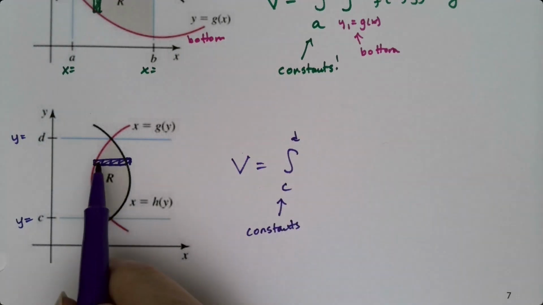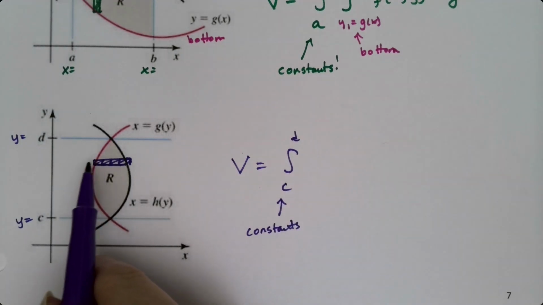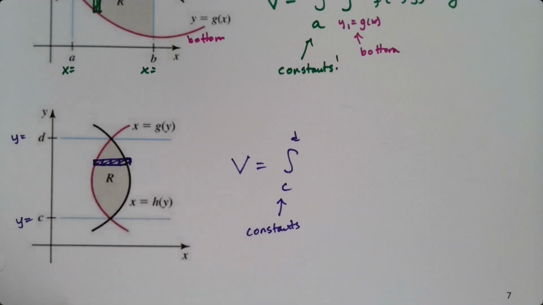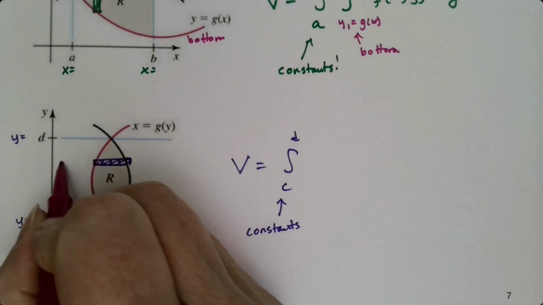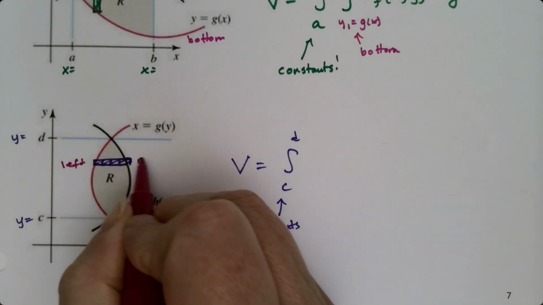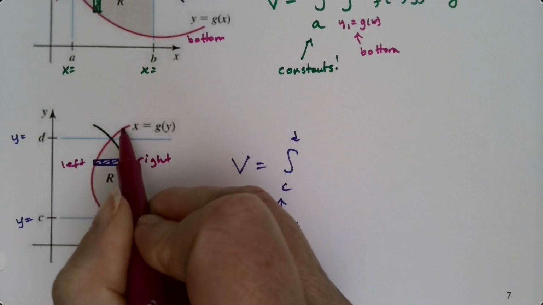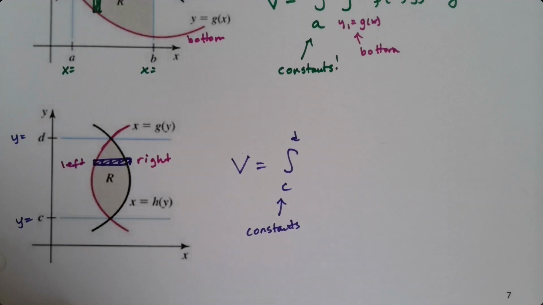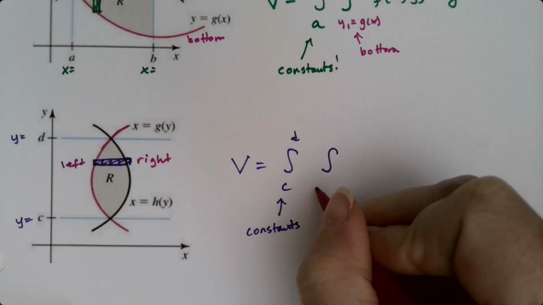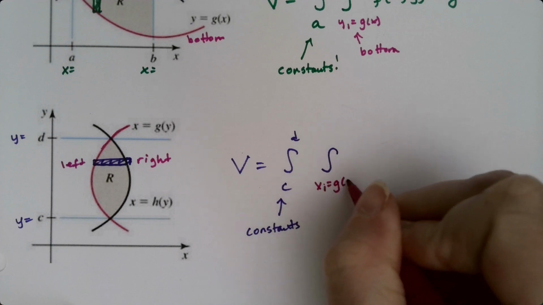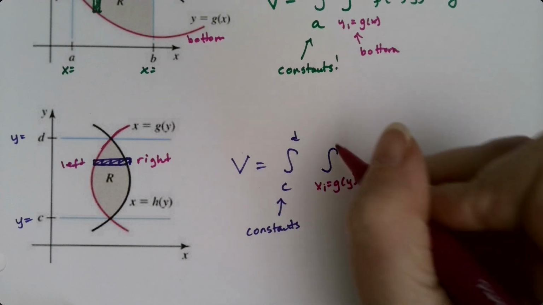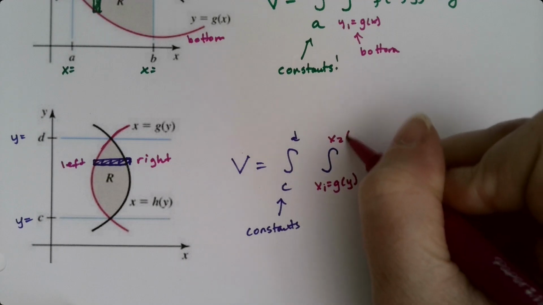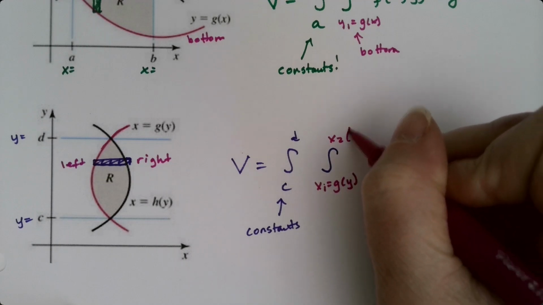But the inner portion is not. So this inner portion is going from one function on the left to one function on the right. So the left-hand one is g of y. So I'm going to take my integral from x1, which is g of y, to x2, which is h of y.